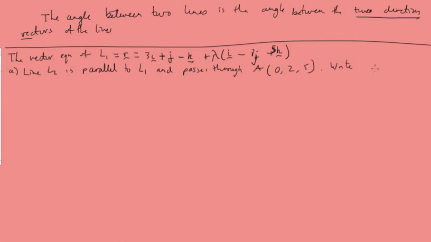Write down the vector equation of the line L2. So we're going to use mu as the parameter.